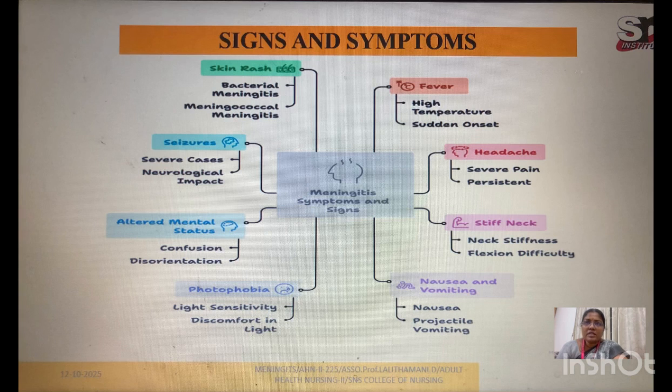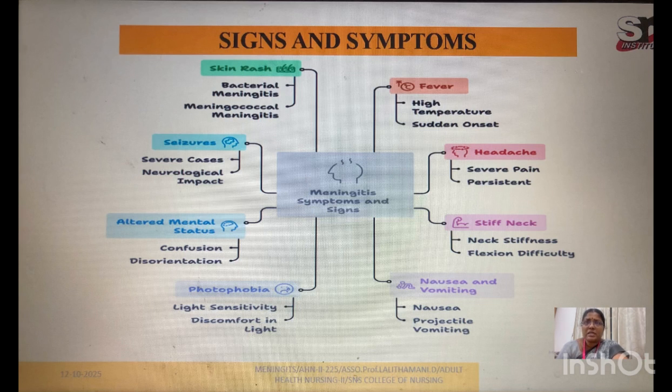All these signs, stiffness in the motor and sensory areas, fever, photophobia, headache, skin rashes, stiff neck, nausea and vomiting, and altered mental status, show that there is a problem happening with the neurons and the neuroconnectivity.